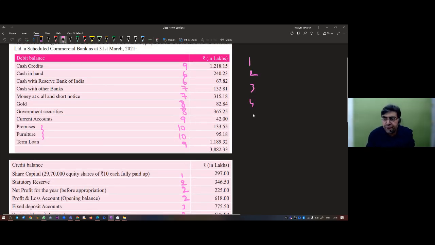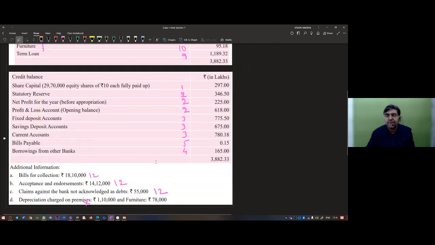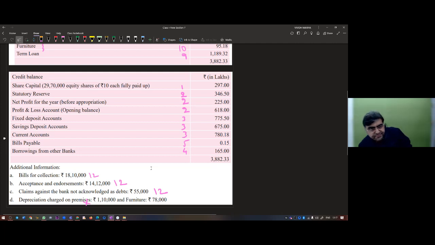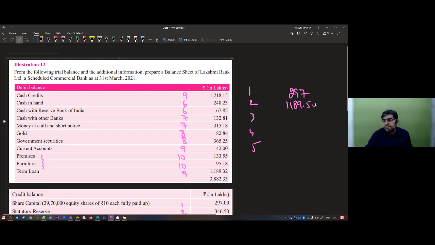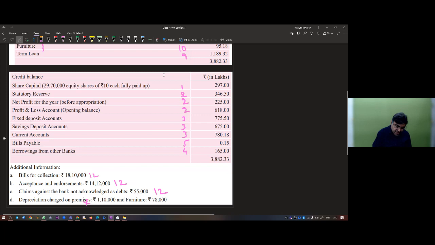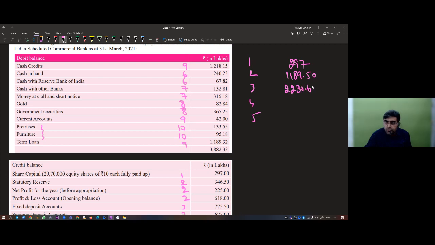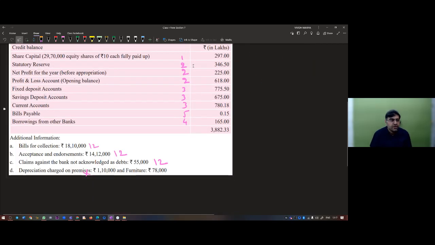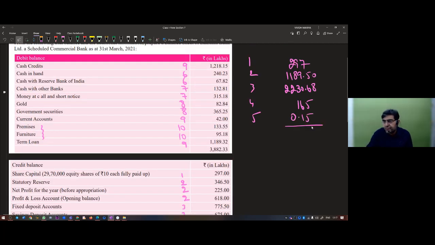Schedule 1, 2, 3, 4, 5. Beautiful. 1 is 297. 2 is 346.5, 225, 618. 3 is 775.5, 475, 675, 780. 2230.16, 165, 0.5, 15.